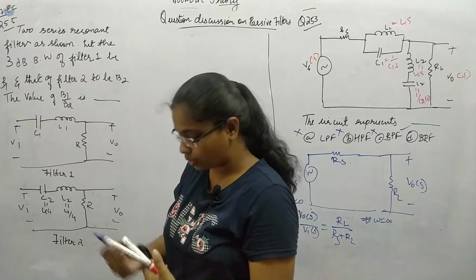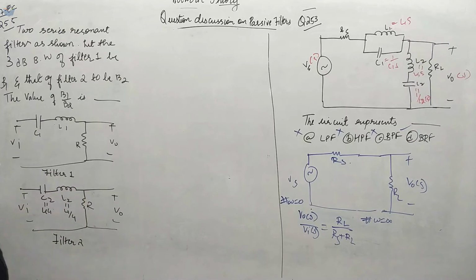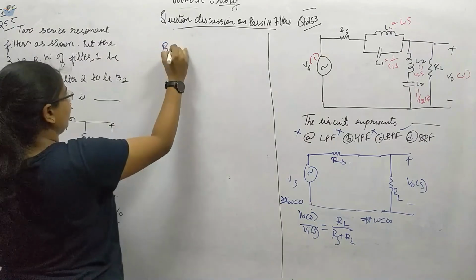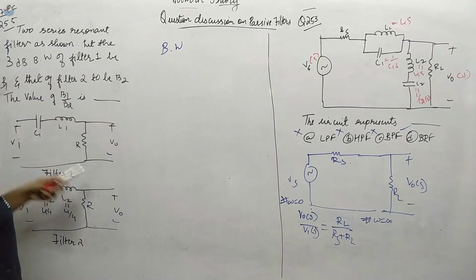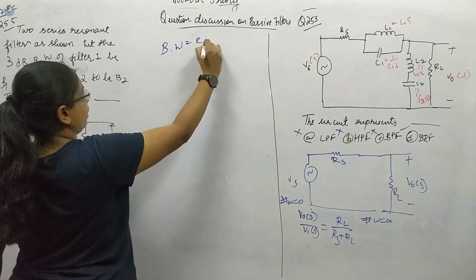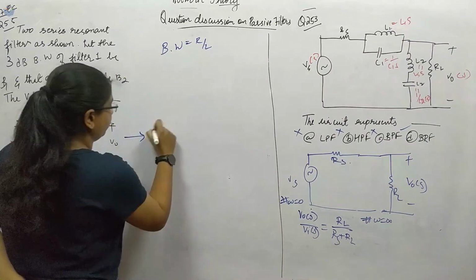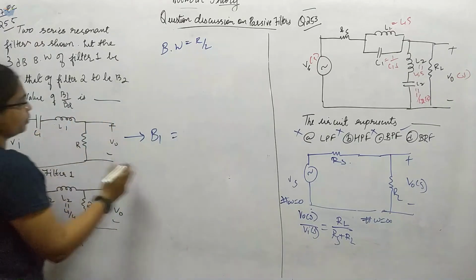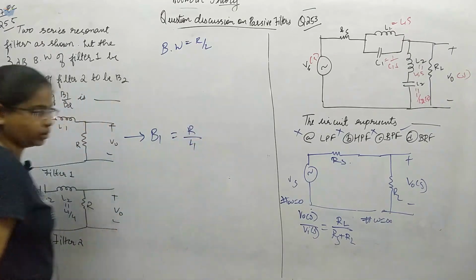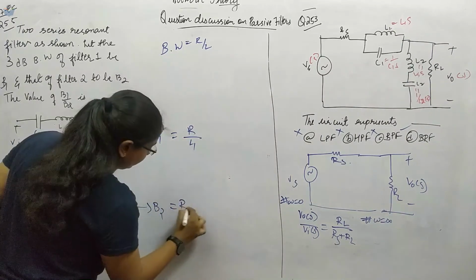We have seen in the resonance chapter the relation between bandwidth, quality factor and cutoff frequency. When it is only an RLC circuit, the bandwidth is R by L. So for this also it is R by L and here also it is R by L. So B1 is equal to R by L1, and for B2 it is R by L2.